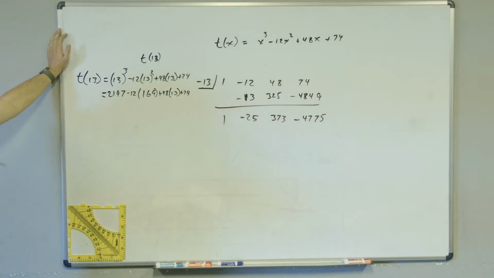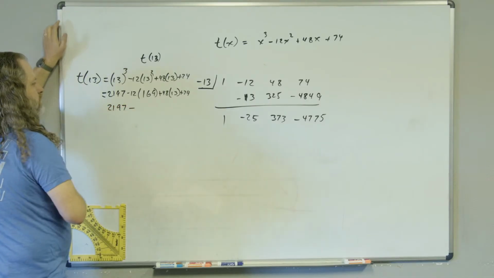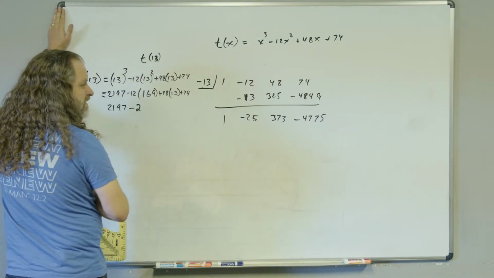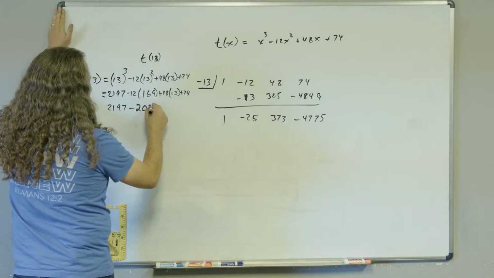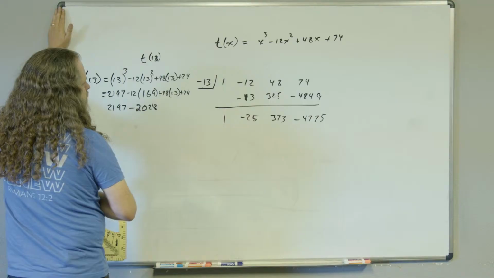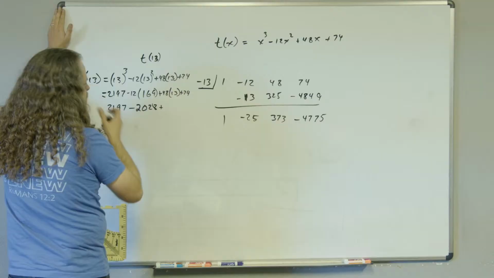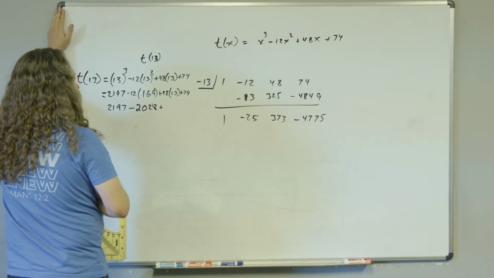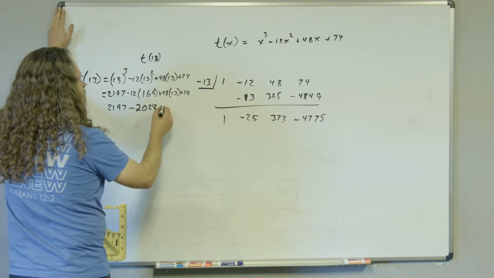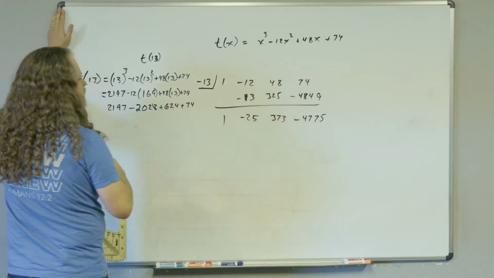What's negative 12 times 169? Negative 2,028. What's 48 times 13? 624.